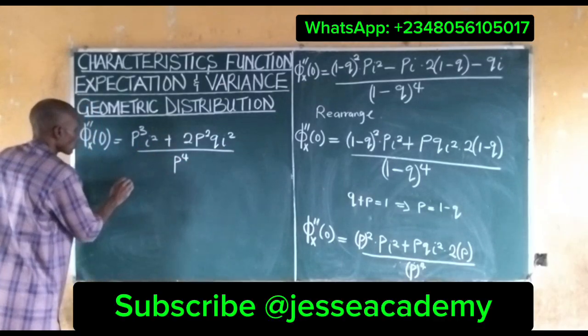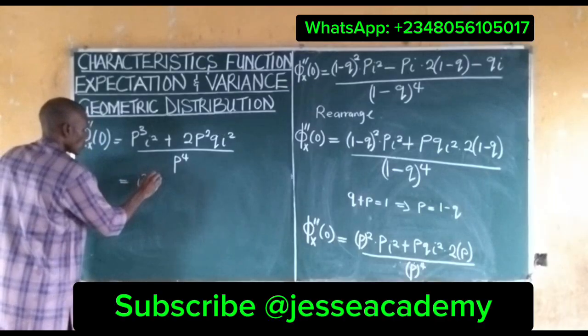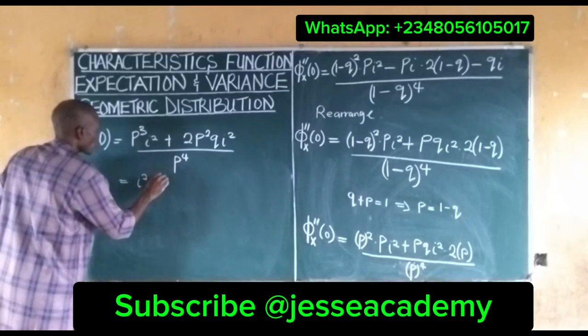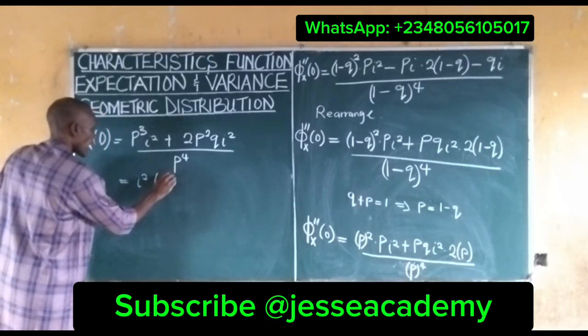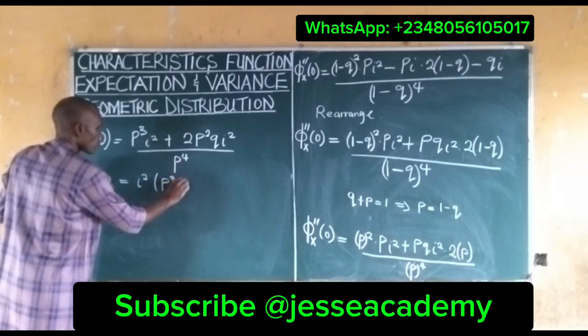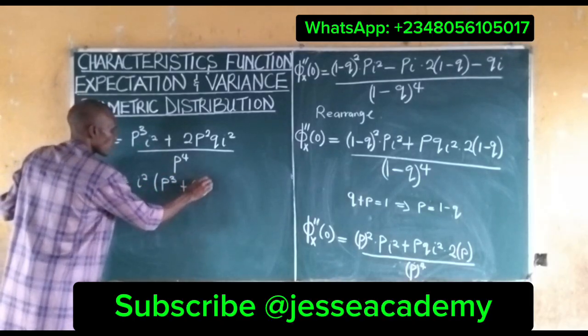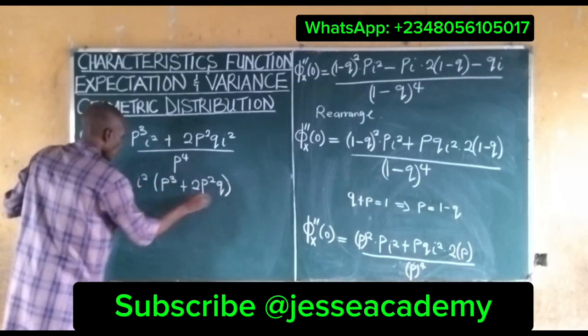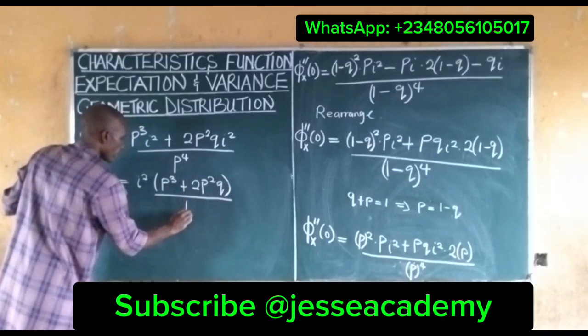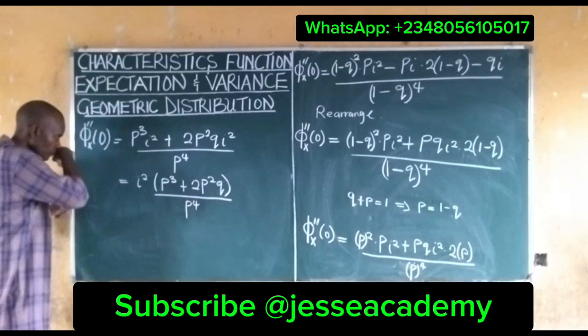So we'll bring it out to give us I squared to be equal to I squared into p3 plus 2p squared then q all over p4.